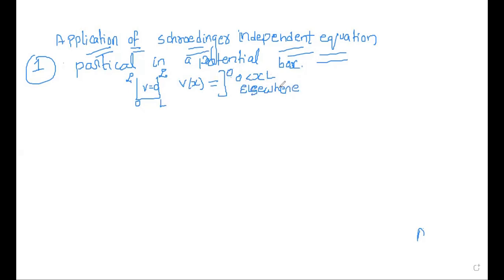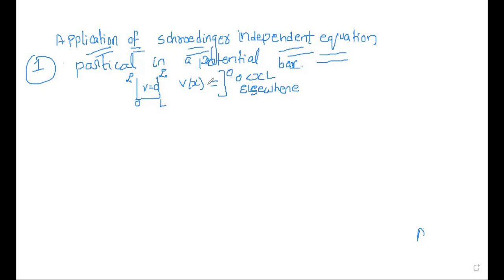The first application of the Schrodinger time independent equation is the particle in a potential box. We have just drawn a potential box whose width runs from 0 to L, and the limit of the potential is infinity.